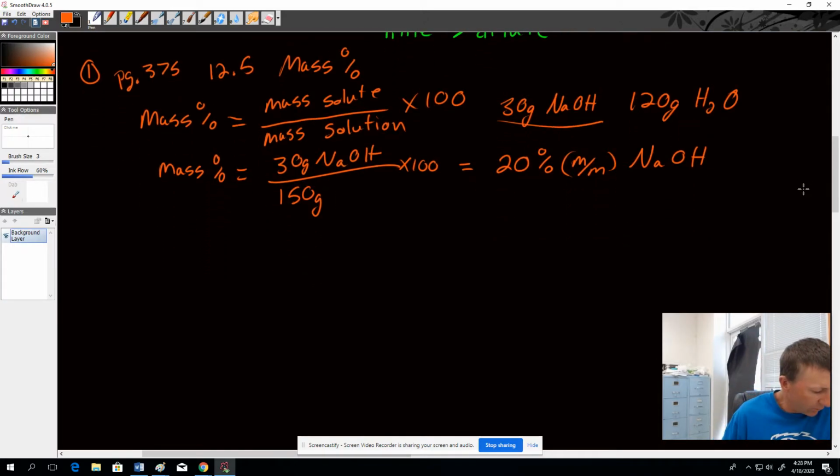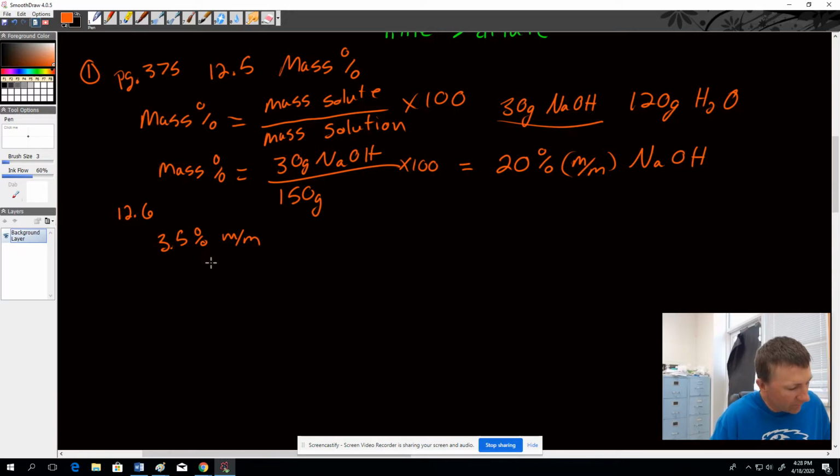Now I'm going to do example problem 12.6, the next one down. This one uses a conversion factor to figure out how much is in there. It says the topical antibiotic ointment Neosporin is 3.5% mass by mass neomycin solution.